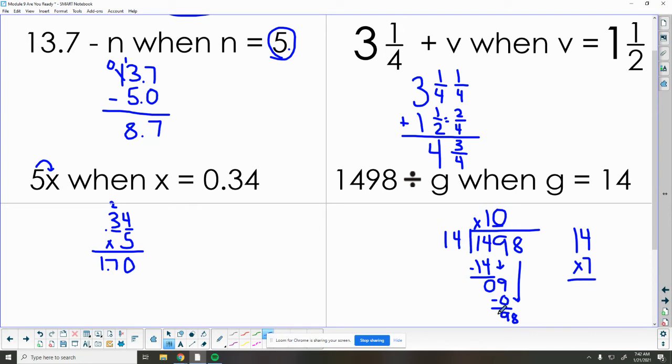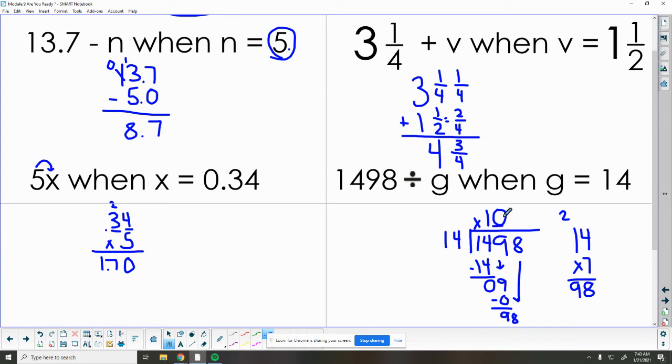I know it's got to be a bigger number. 14 times 10 is 140. So it's a little more than halfway there. Halfway would be 70. So it's more than half. 4 times 7 is 28. 7 times 1 is 7, 8, 9.